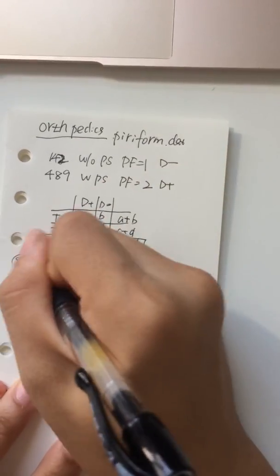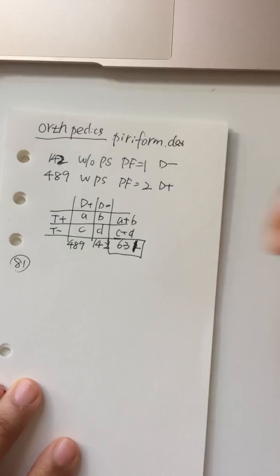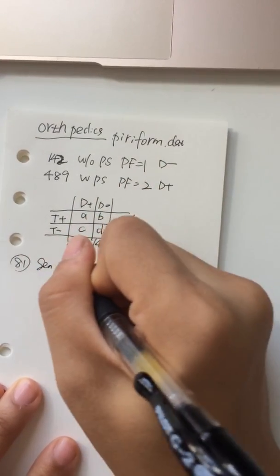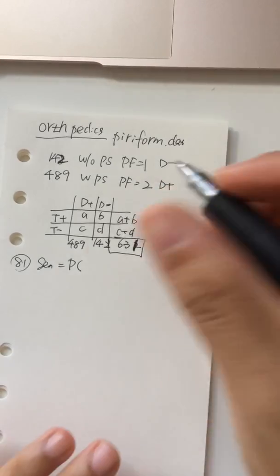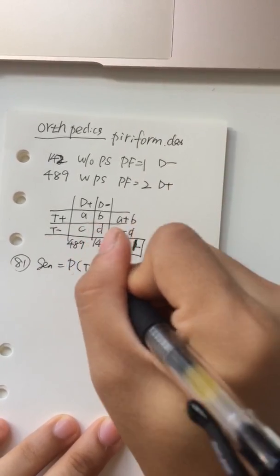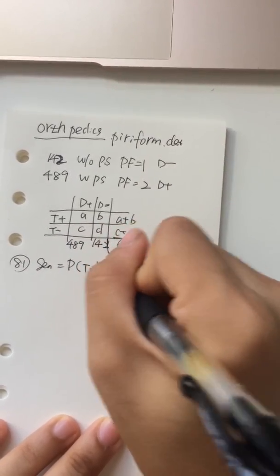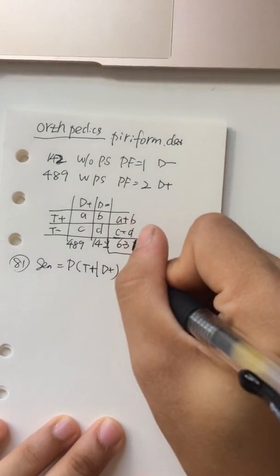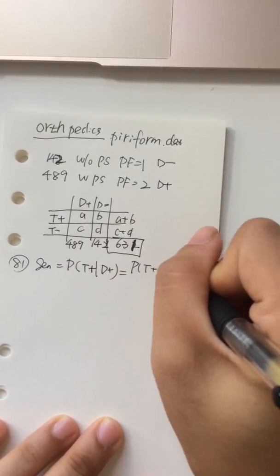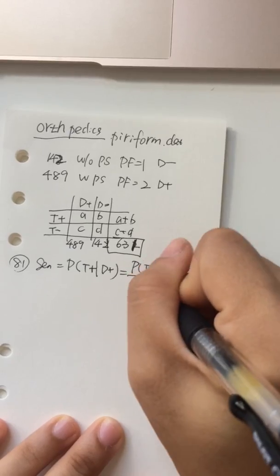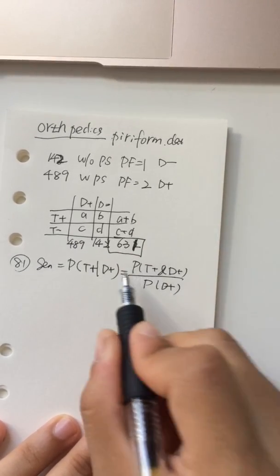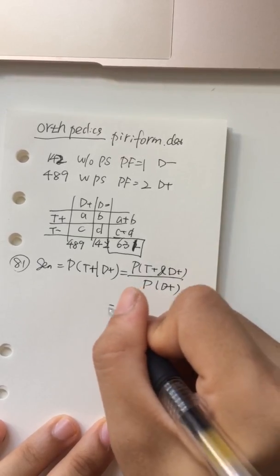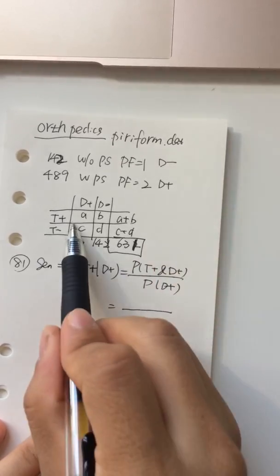So Q1 is the sensitivity, right? What's sensitivity? It's the probability to test positive when there is actually disease. So that will be the probability of test positive and disease positive given there is disease. So what's the probability of test positive and disease? That's this part, right?